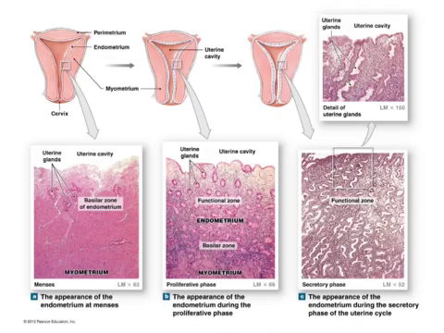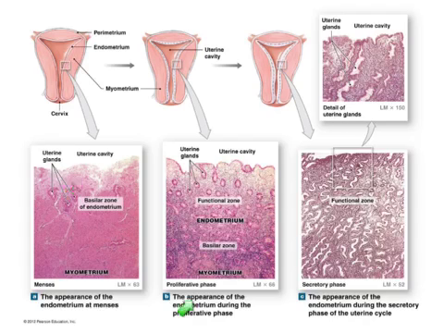These images just show you differences in the way the uterine wall appears under the microscope at the different stages of the uterine cycle. So here you're looking at menstruation. You have the kind of dead, loosened stratum functionalis that's starting to separate from the stratum basalis.